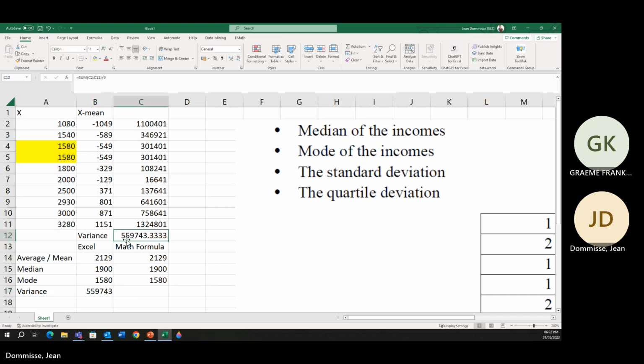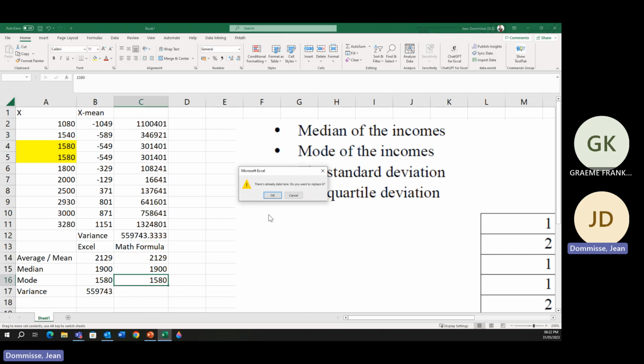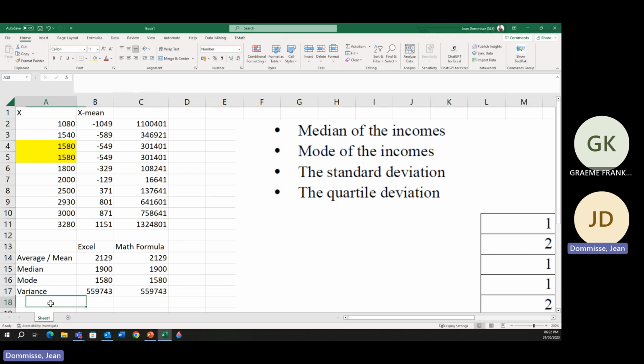So I'm going to move that into that space. I'm going to round it off so that it looks exactly the same. So you will see for the variance that we calculated by using that formula, we got it.